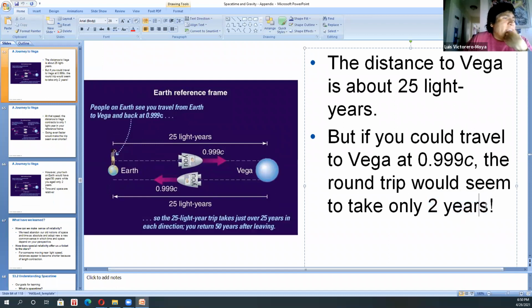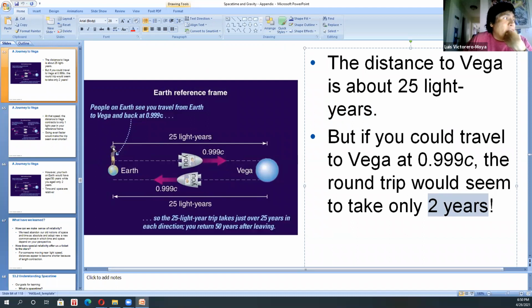Now, why does it take much less than 25 years, which it should be at the speed of light? Because of length contraction. All right. If you use that gamma factor, you can find the length in between due to this high speed. So then it might take, biologically speaking, 2 years for you.